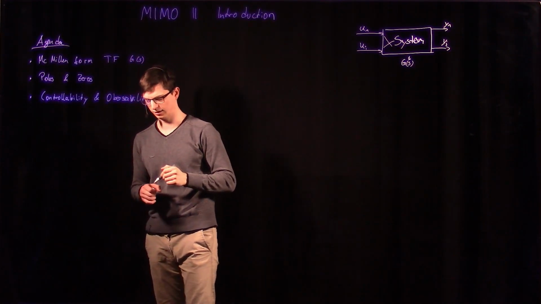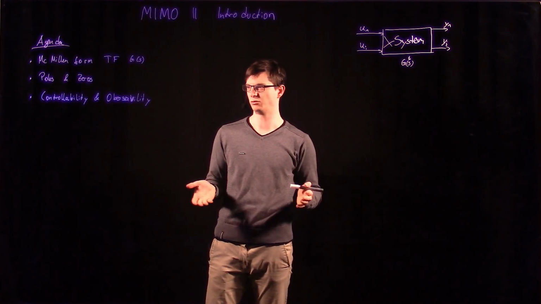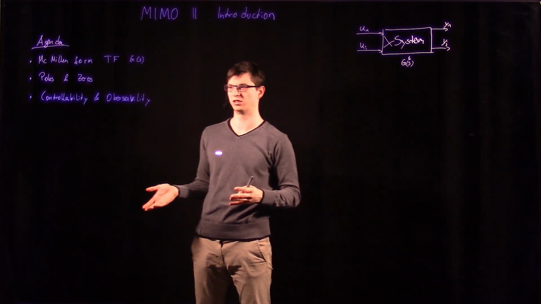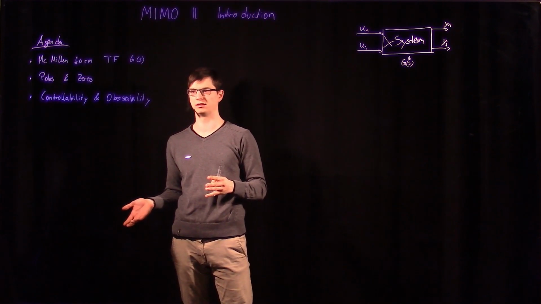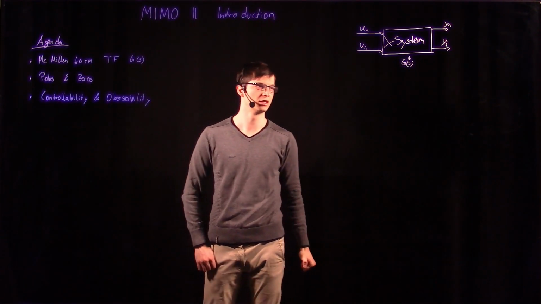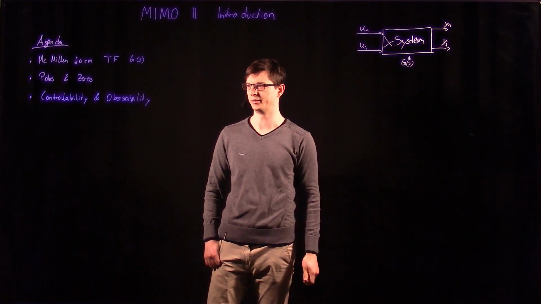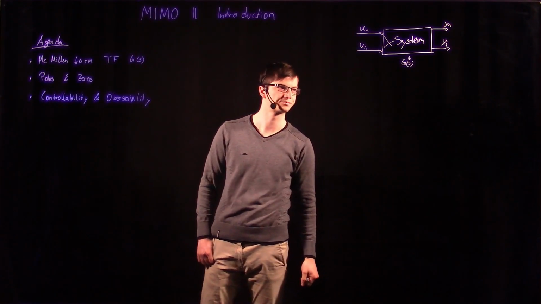Okay, and well, when can we say such a system is perfectly controllable, and when is such a system observable? And yeah, what's actually meant by those descriptions?